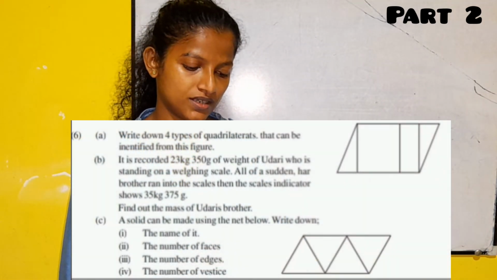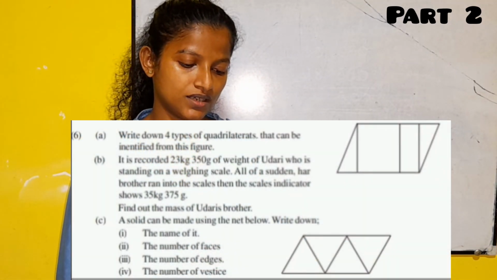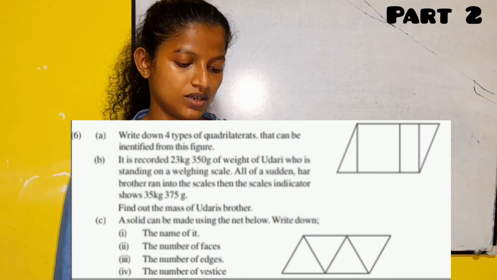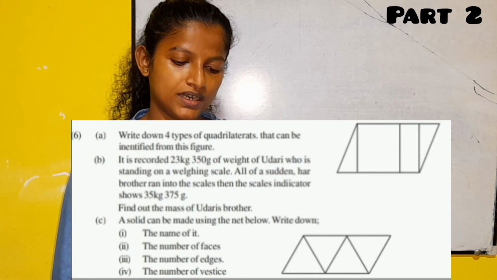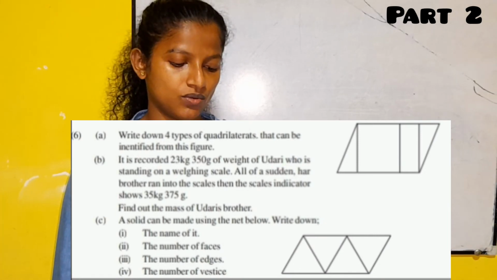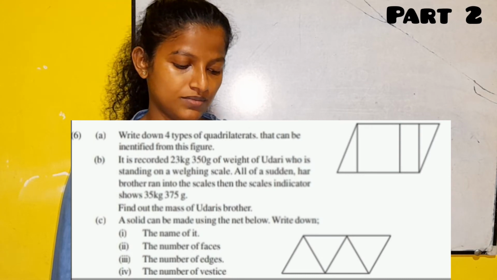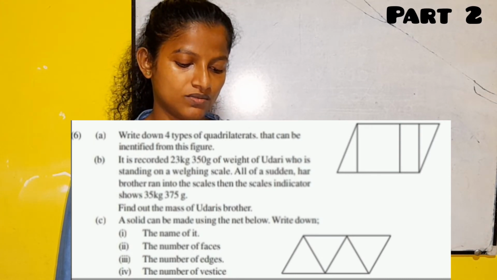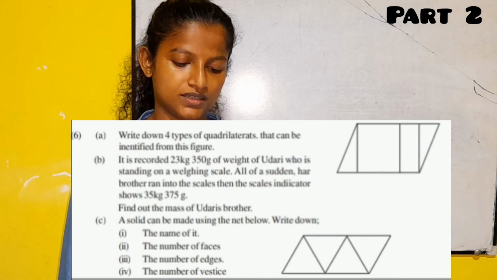6th question, B part. It is recorded 23 kilograms 350 grams as the weight of Udani, who is standing on a weighing scale. Then her brother ran onto the scale and the scale indicator shows 35 kilograms 375 grams. Find out the mass of Udani's brother.